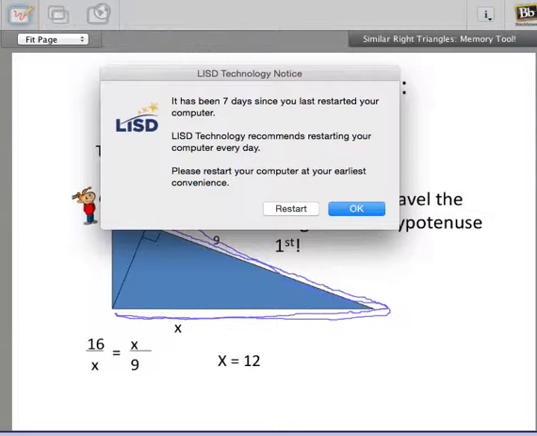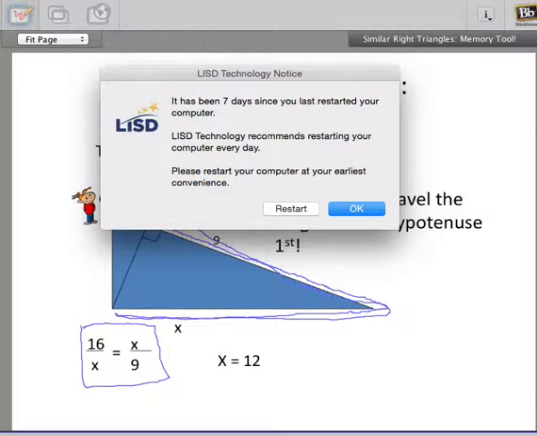The altitude is the height of the triangle. So the altitude right here is perpendicular to this base. It always stops there. So I had some animation in here, but I don't think it came through on my Blackboard. But the boomerang would travel across the hypotenuse here, so that'd give us 16 over x equals x over 9. So that's how we get this proportion right here to set up.